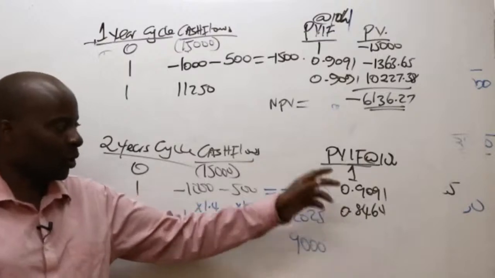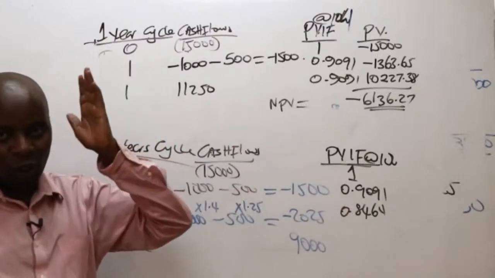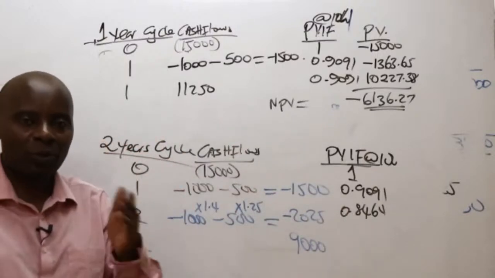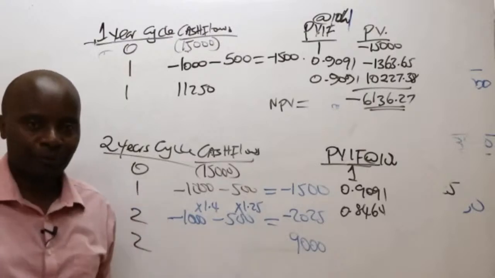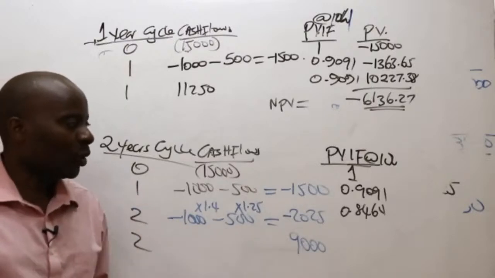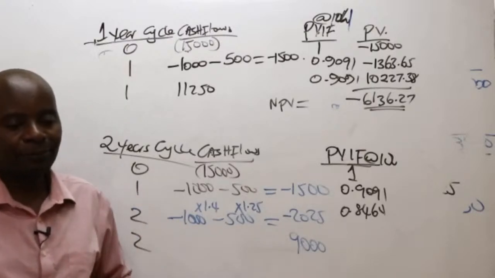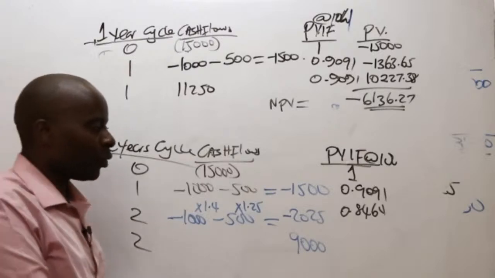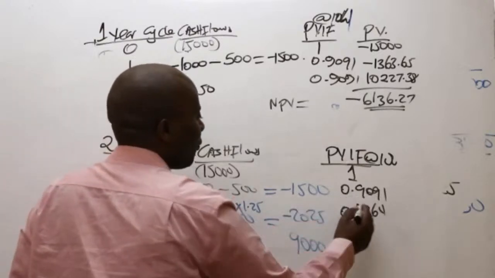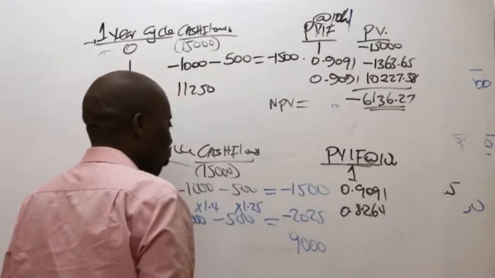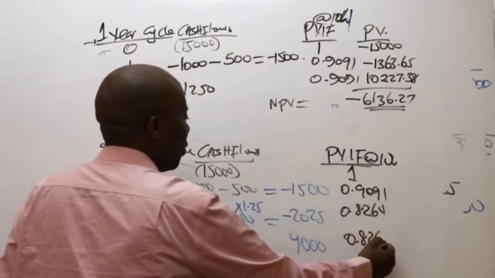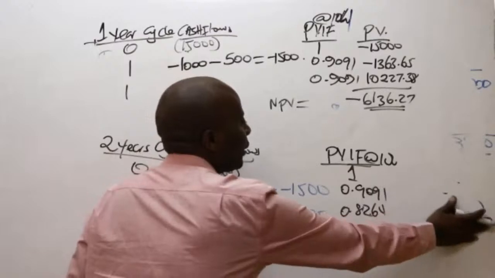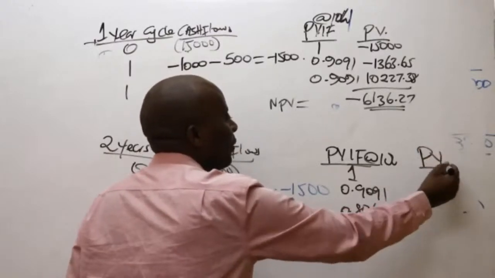What is the PVIF of end of year 2? 1 plus 10% is 1.1, raised to minus 2. What figure are we able to get? 0.8264. So this will be 0.8264 for year 2.